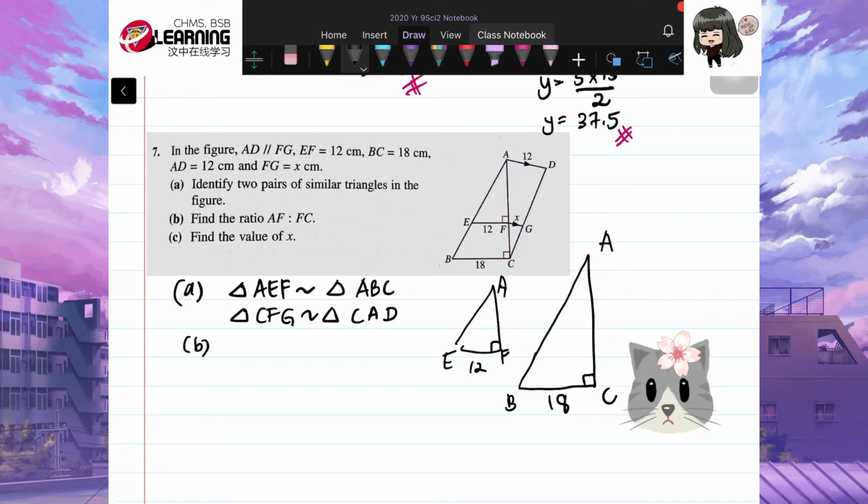So we need to find the ratio of AF. AF is the yellow one, and FC is this part over here, the small little one. But before that, we need to find the whole thing first, A to C. We need to compare AF and AC before we find FC.